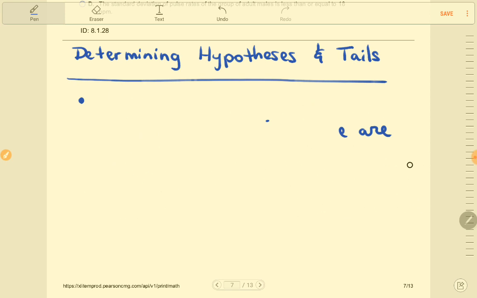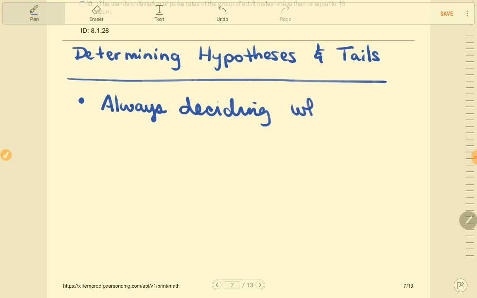When doing a hypothesis test, we are always deciding whether to reject H sub 0, the null hypothesis.